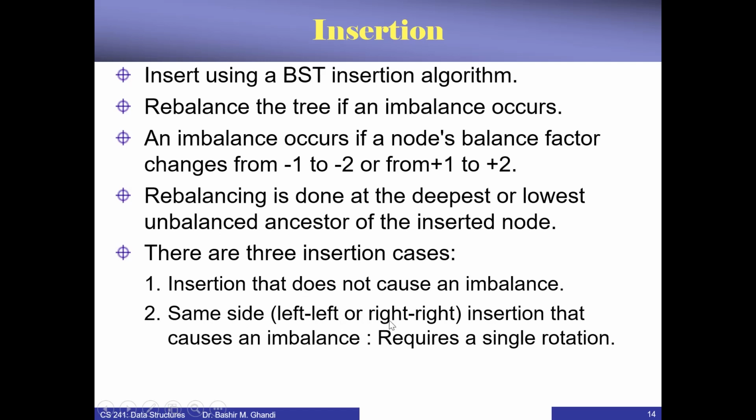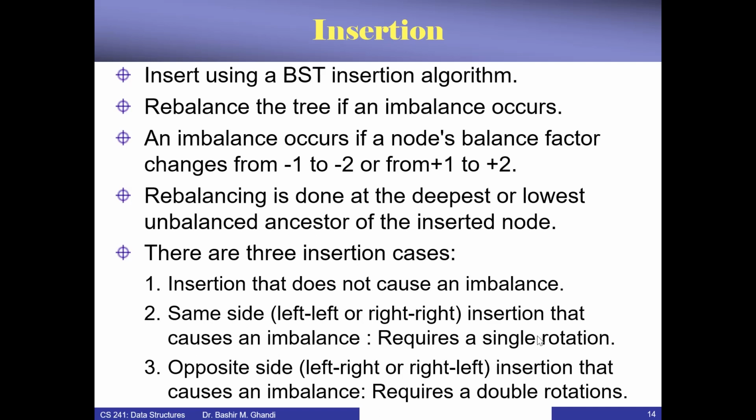Either of these requires a single rotation. We shall see what this means in a moment. And the final case is the opposite-side problem, where we have a left-right or a right-left insertion that causes an imbalance. So these are the 2 cases that will require double rotation.